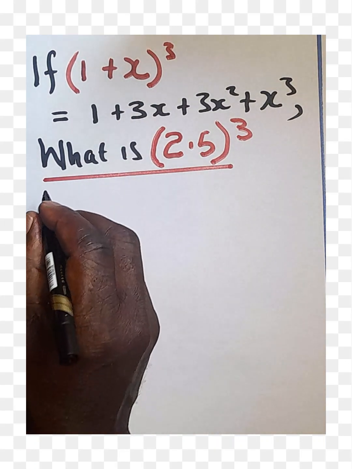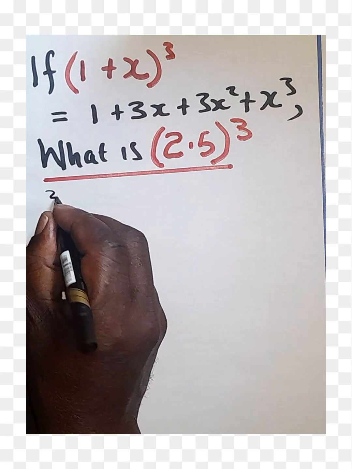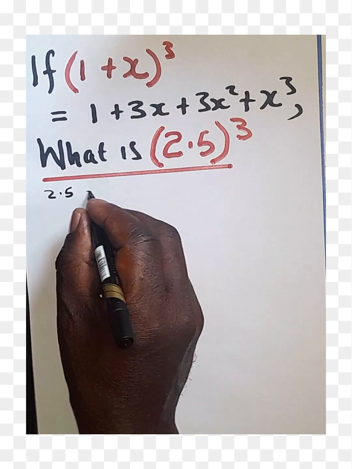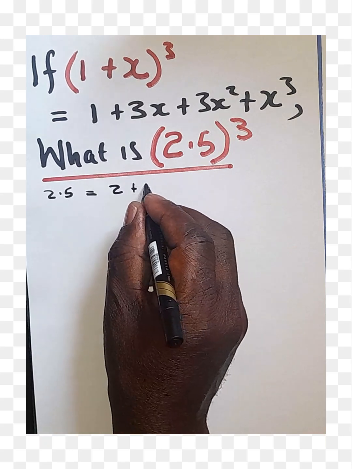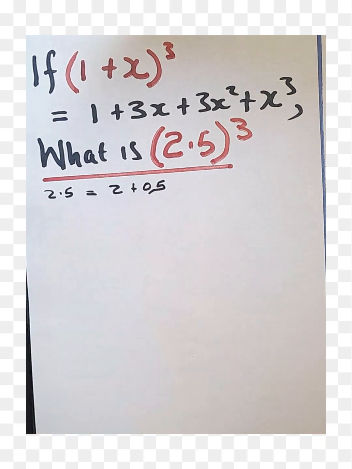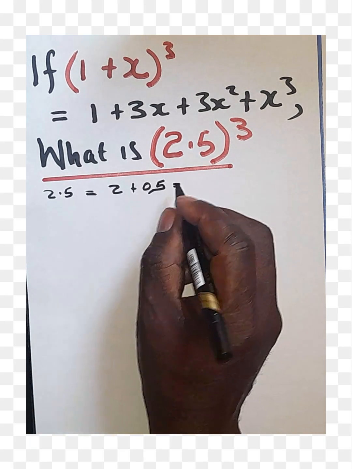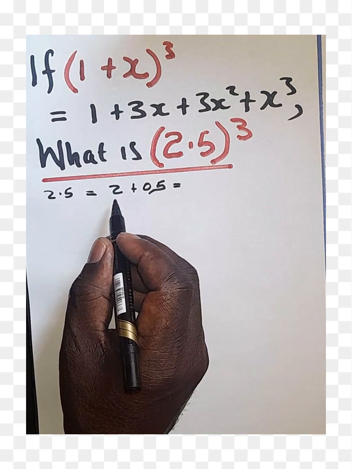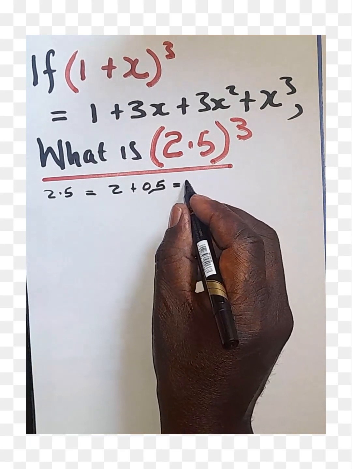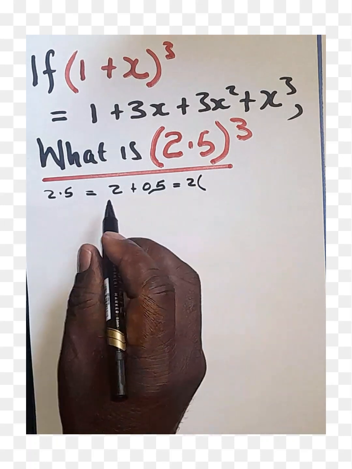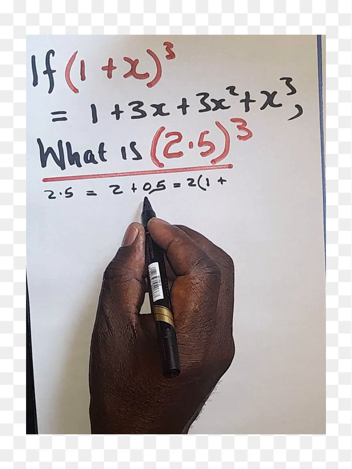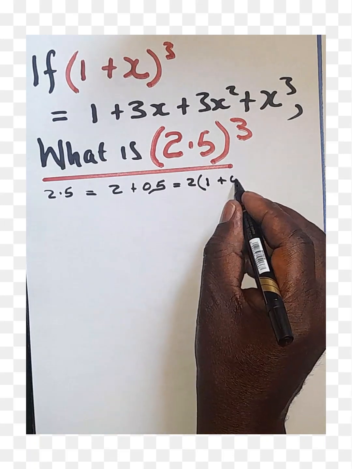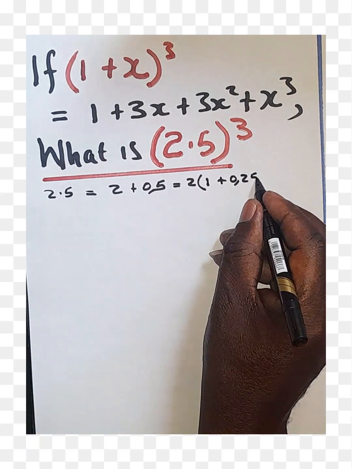Well, 2.5 is equal to 2 plus 0.5, isn't it? It's also equal to, if we pull the 2 out of the bracket, 2 times the bracket: 2 into 2 is 1, plus 2 into 0.5 is 0.25.